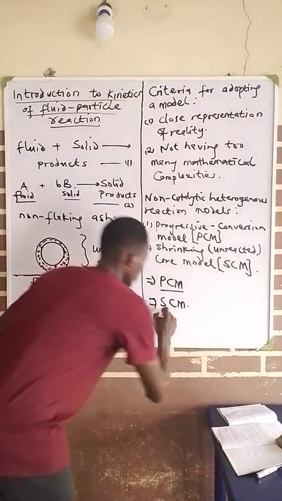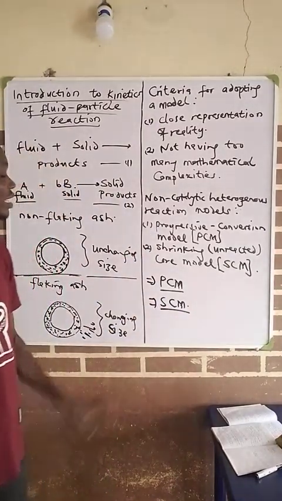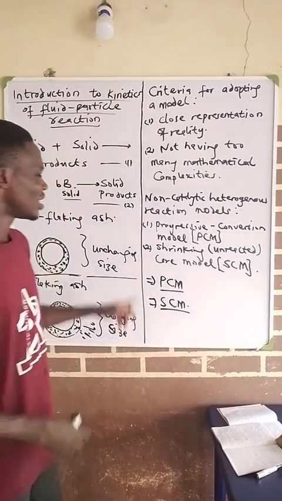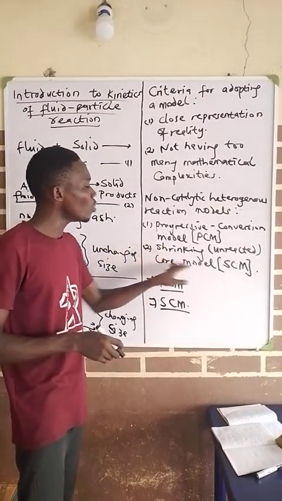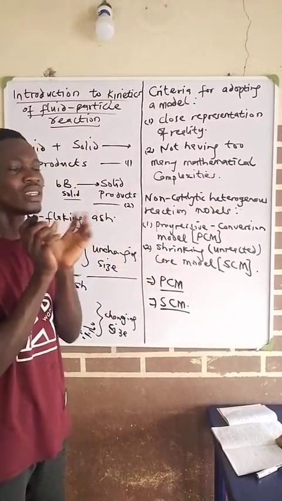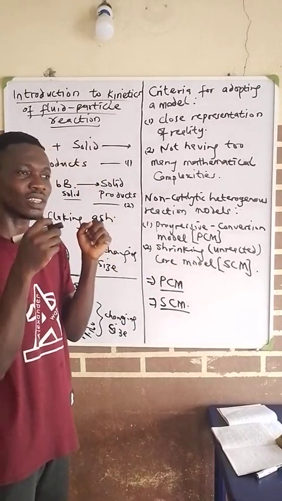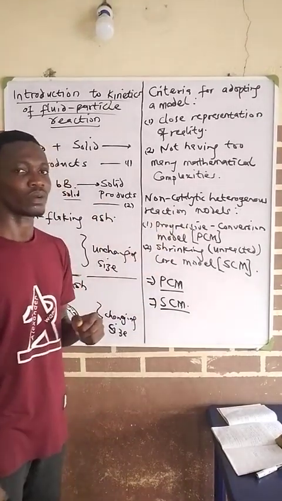Now, when we compare PCM and SCM, you will notice that, looked at closely, the shrinking core model represents what happens in reality more than the progressive conversion model.